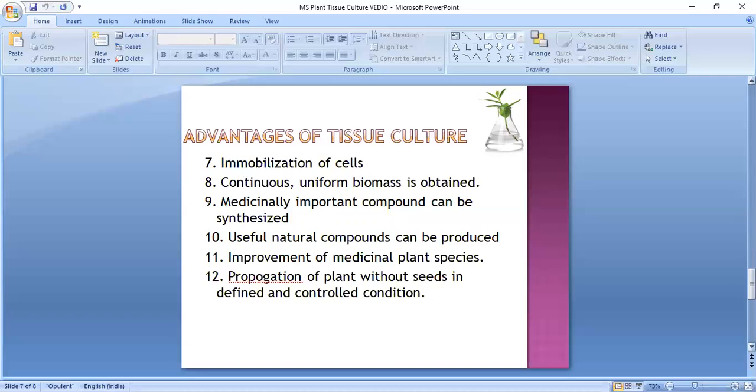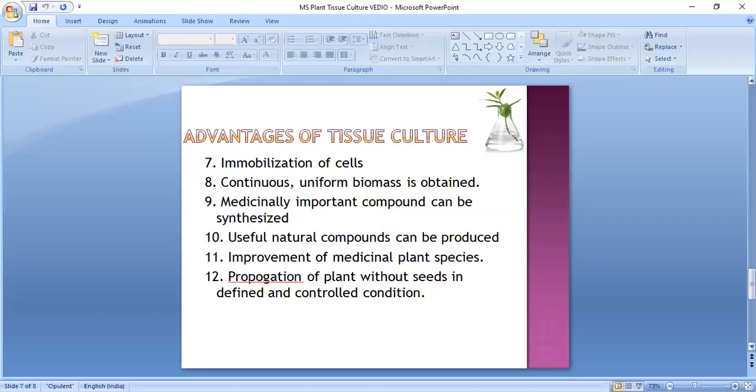Next is useful natural compounds can be processed, and that is independent of the soil condition and the change in climatic condition. So having very good nature of the secondary metabolites through the plant tissue culture.